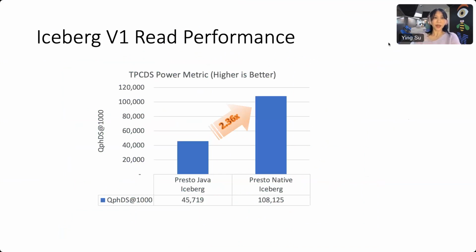We have done some simple V1 table read performance tests, and we have shown about 2.36 times improvement over the Presto Java implementation. And now we're doing benchmarks on the V2 reads, but our data still needs to be loaded. So the result is not ready yet, but we'll get it soon.